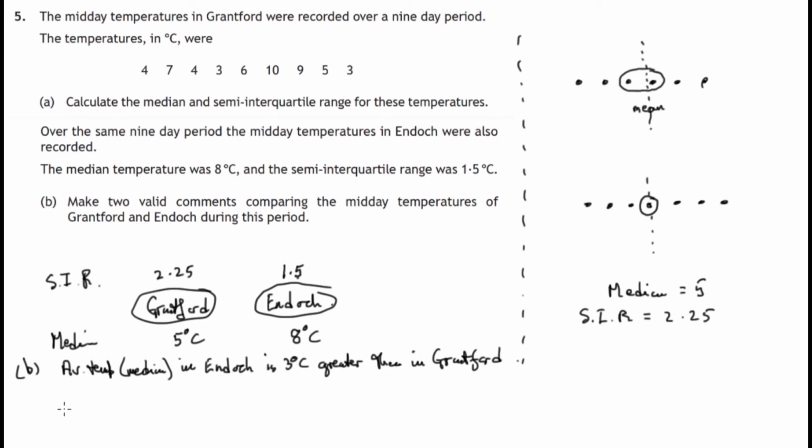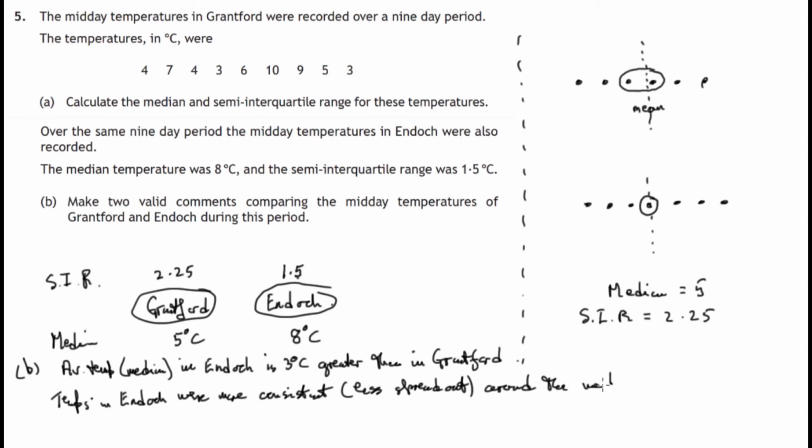So we would say that temperatures in Endoch were more consistent, less spread out, and that's around the median, than in Grantford.